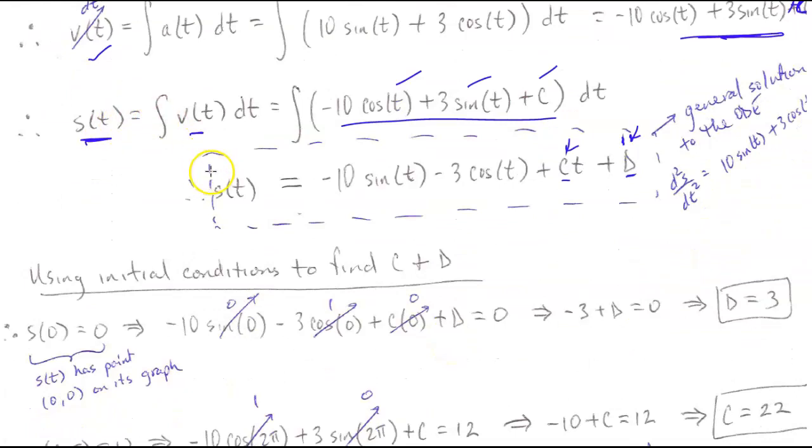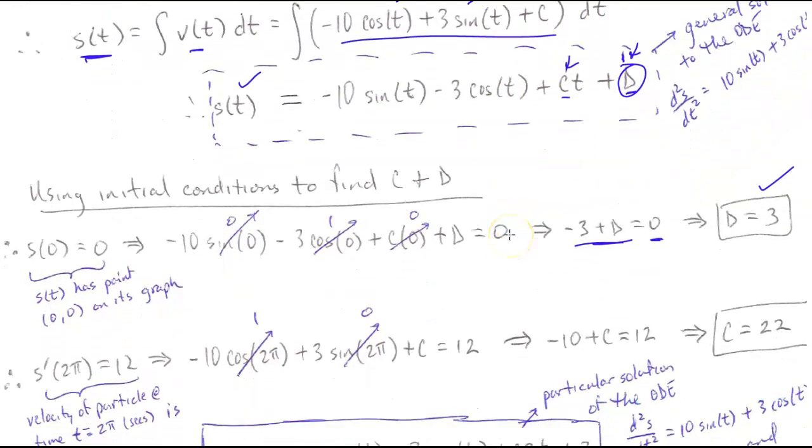So if we take this position function and let t equal 0 and set it equal to 0, we see that once we do all that, we end up with -3 plus d is equal to 0, which means d is equal to 3. So we know what this particular arbitrary constant is now.